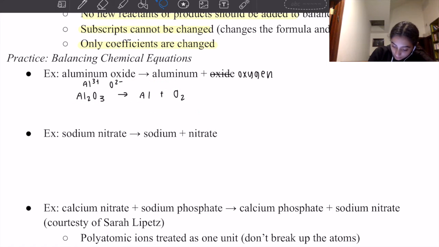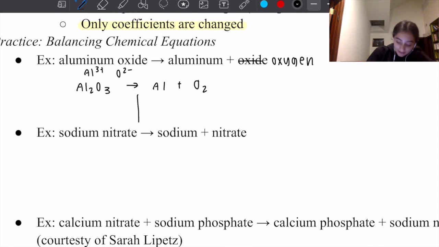I'm going to move this up a little bit. The way I like to balance chemical equations, at least in the beginning, is with making a chart. So I like to make a chart and write each of the elements I have on each side and write how many of each of them I have so I can keep track. So on the left side, I have 2 aluminums and 3 oxygens. And on the right side, I have 1 aluminum and 2 oxygens.